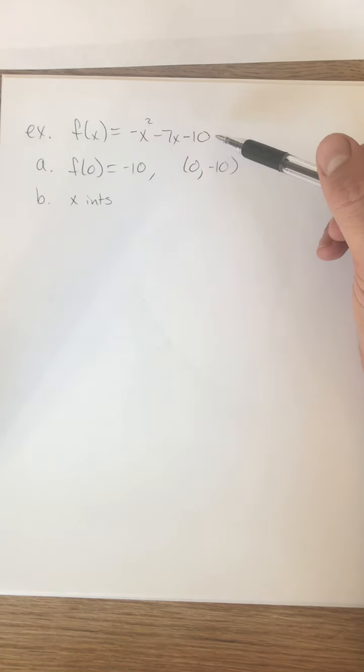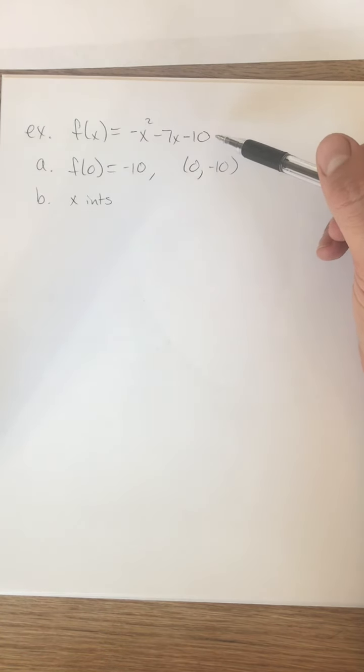That negative 10 is not the y value of the vertex. That is the constant term for the function. So x-intercepts, whether they exist or not, if it's written out like this, it's not as immediately obvious unless you want to complete the square and put it in vertex form. Most of us don't spend the time to do that.